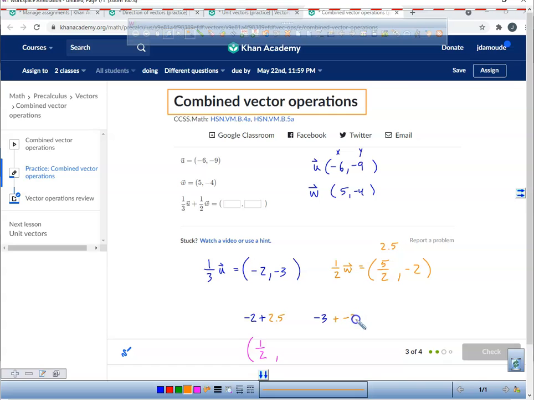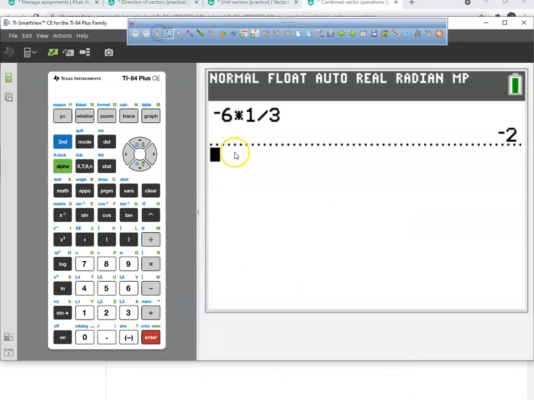I'm going to add a -2. And when I add and combine those together, I get -5. So right here, you can put 0.5 or you can put a half. And I'm going to put a -5. And that's going to be my answer for combining the vectors with other operations, either adding or subtracting. So 1/2 and -5.